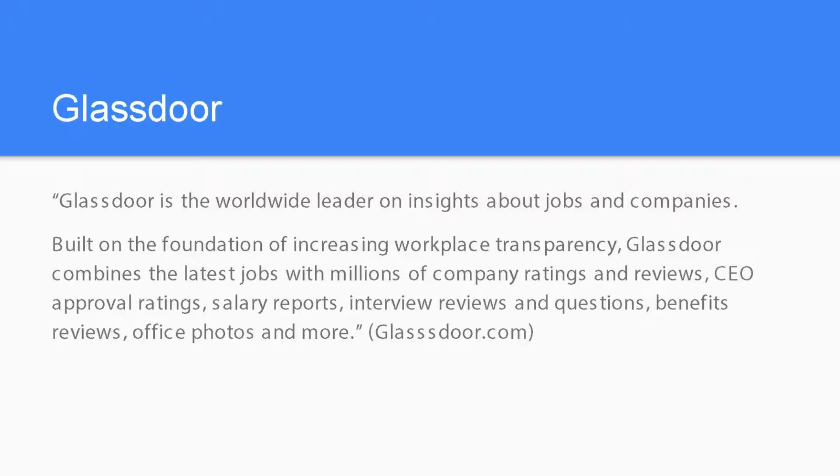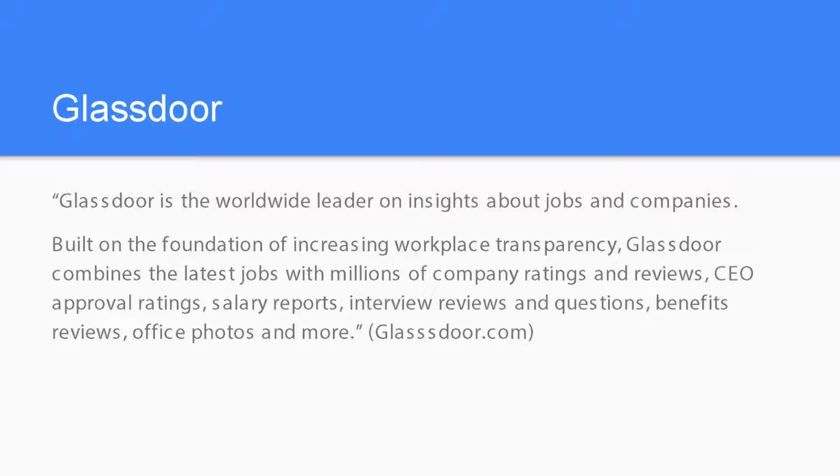So our data, we've gathered pretty much all through web scraping. I use Python and the Selenium Chrome driver to web scrape Glassdoor data, as well as SEC filings. Glassdoor, you guys probably know, is where employees can leave reviews about the companies that they work at.